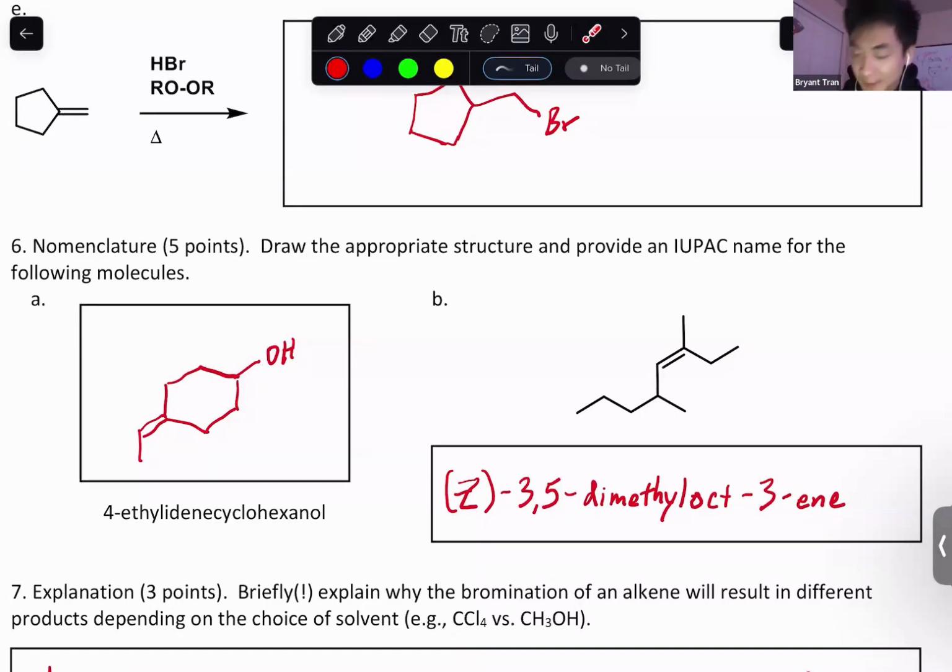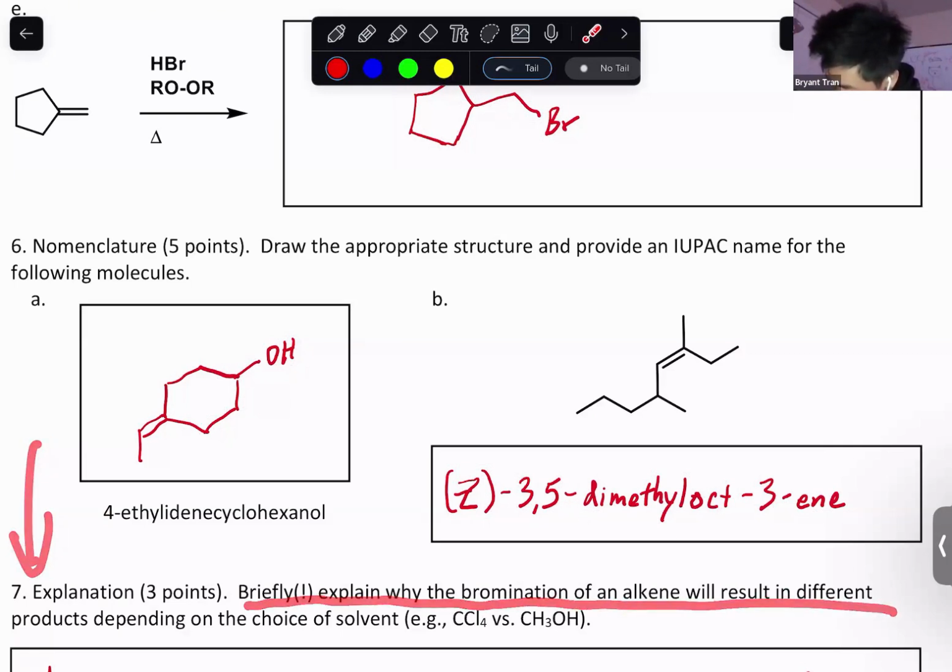But he could ask something about regioselectivity, just like this 7th question here, this explanation problem. Briefly explain why the bromination of alkene will result in different products depending on the choice of solvent, CCl4 versus CH3OH. So he's going to describe a reaction in words, and you'll have to know what reaction he's talking about, and know the regioselectivity or stereoselectivity depending on what he's asking about, and explain it.